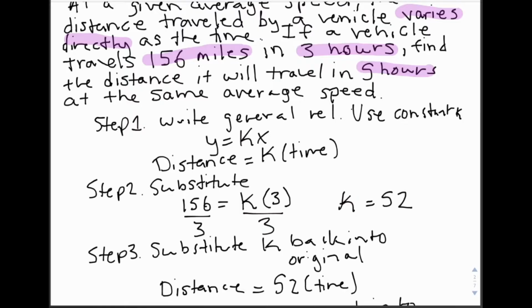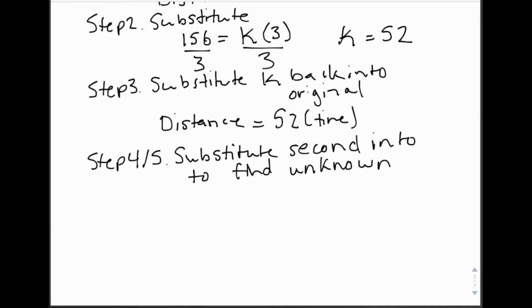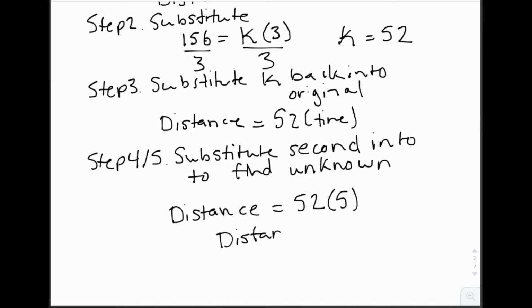So we're looking for distance it will travel in 5 hours. Since we are given 5 hours, or our time, we can just plug that back into our general formula to find our distance here. So distance is going to be equal to 52 times our second piece of info, which was given to us, 5. So our final distance here is going to be equal to 260 miles.